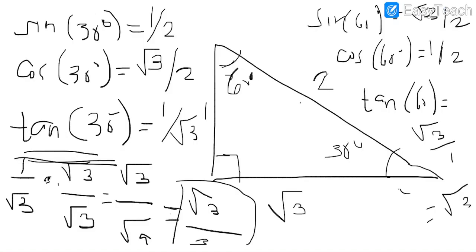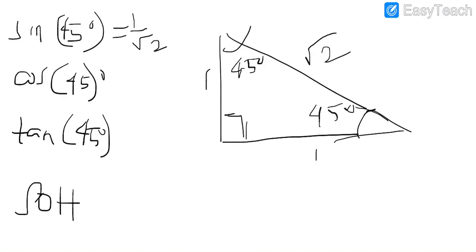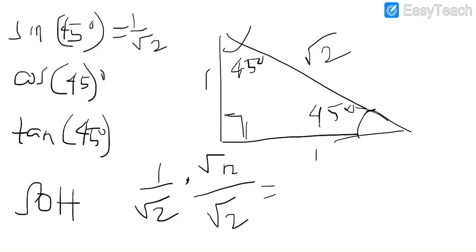Now, the same as what we did earlier with 1 over square root of 3, we rationalize 1 over square root of 2. No? 1 over square root of 2, we multiply that with square root of 2. So 1 times square root of 2, that is square root of 2, over square root of 2 times square root of 2, that is square root of 4.